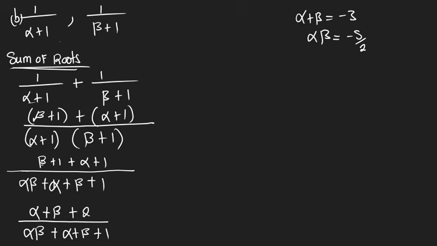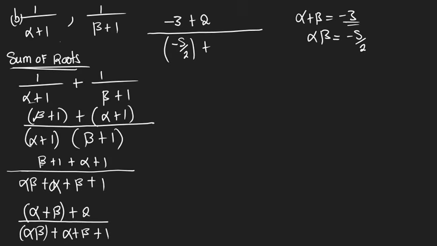Now, we know that this part here is the sum of roots. So where there is alpha plus beta, I'm going to replace with negative 3. Then while there is this guy here, we know that this is the product. So I'm going to replace with negative 5 over 2.